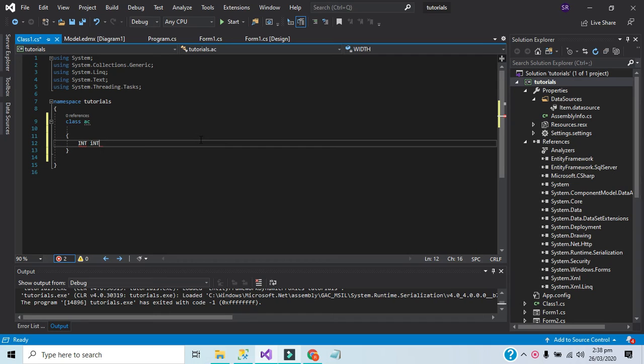Then what are the properties that AC has? Its width, height, and weight.